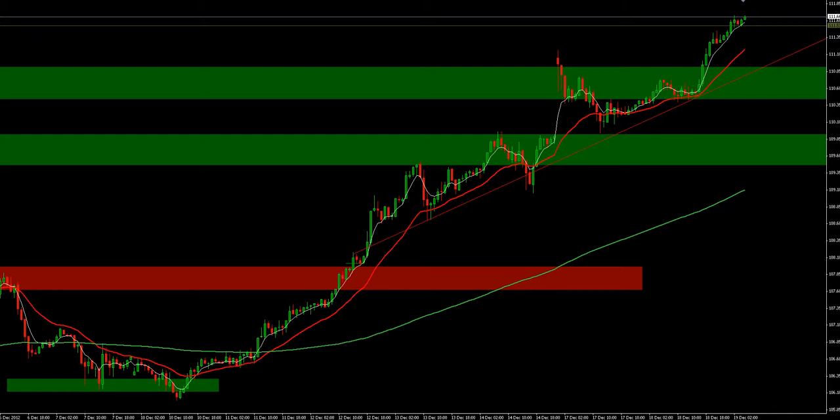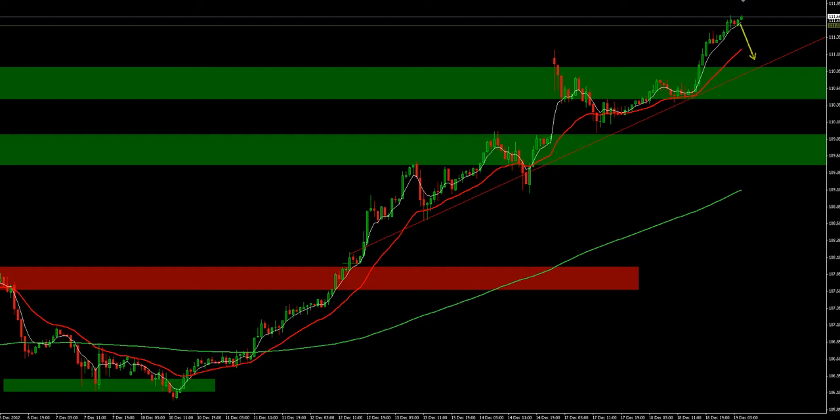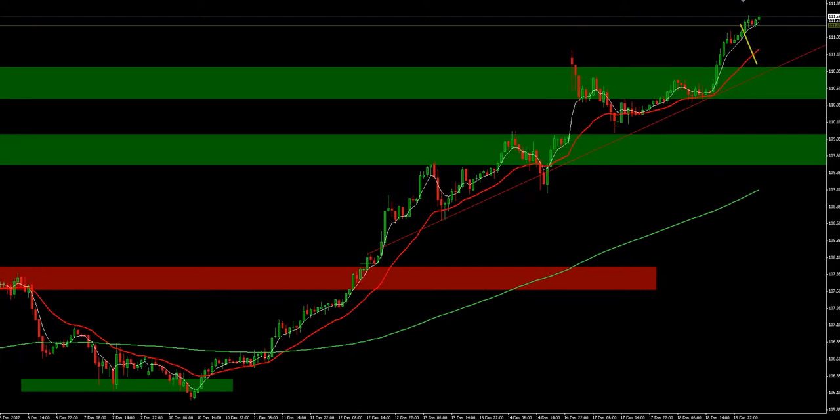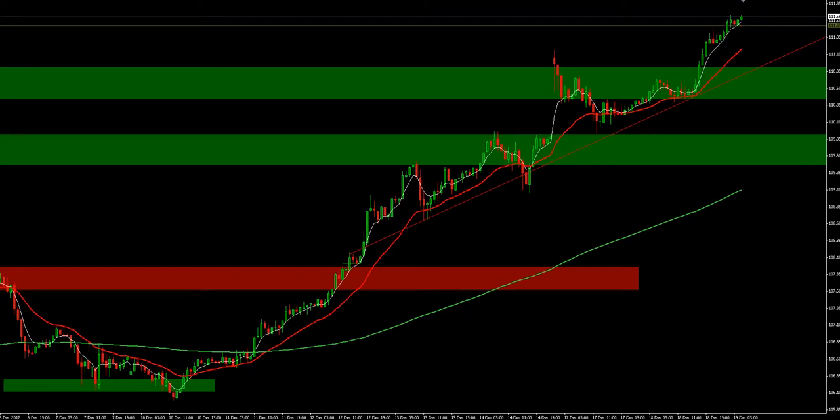Your mileage may vary, and then you're looking for the continuation down to the trend line for the day. Then from there, see if that breaks, and then that would become resistance as well, continuation, or bounce off of that at the longer pullback for maybe possibly a better long situation if we continue on the end.